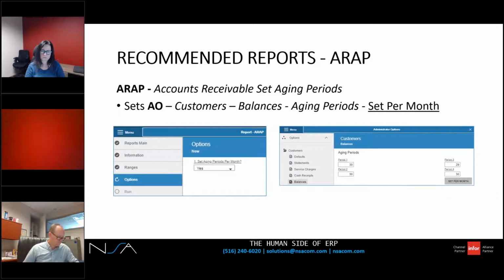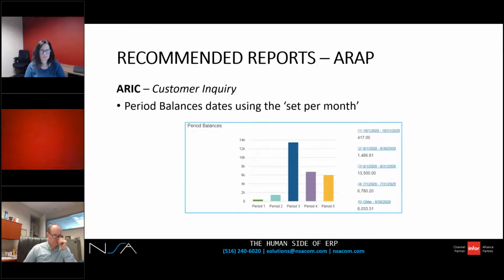If, on the other hand, you want them to be clean months, then you would use the set per month, or you would use the ARAP, scheduled as a stored report, to do that automatically. This is what it looks like when I get into a customer inquiry and have used the set per month. You'll notice that these dates are clean months.